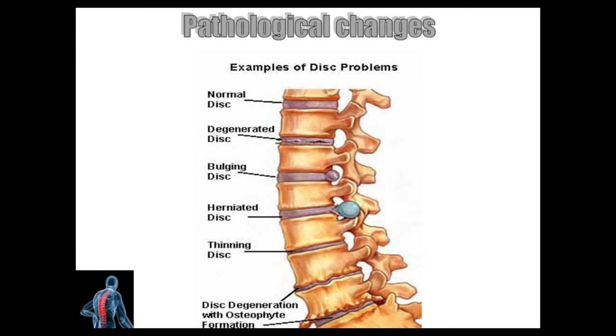So together with the local pain, the patient will start to feel irradiating pain. If it's the lumbar part of the spine, pain will irradiate to the leg. If it's the cervical part, the pain will irradiate to the hand. And we call it sciatica. So sciatica, irradiating pain, is the first symptom of the intervertebral disc hernia.